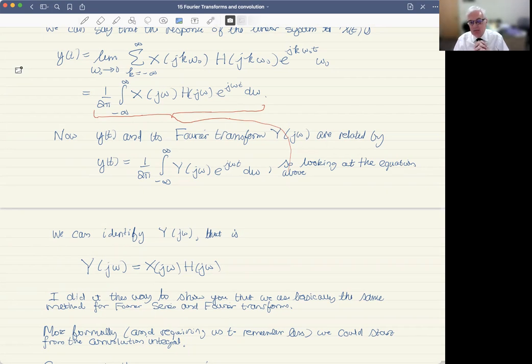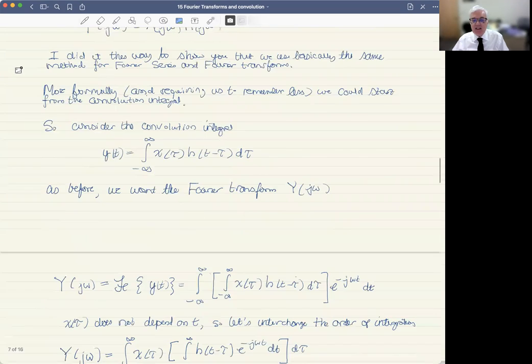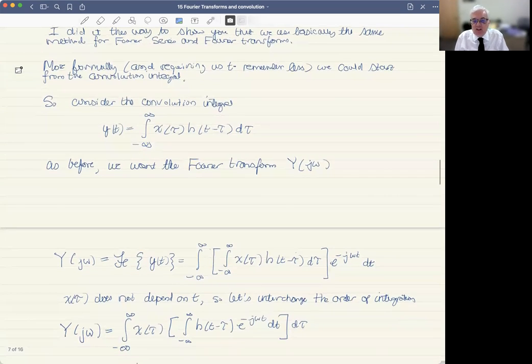I'm going to do a bit more justification though, and the next thing that I'm going to do is to start from the convolution integral. So if we do that and we want its Fourier transform, we can go ahead and calculate that.